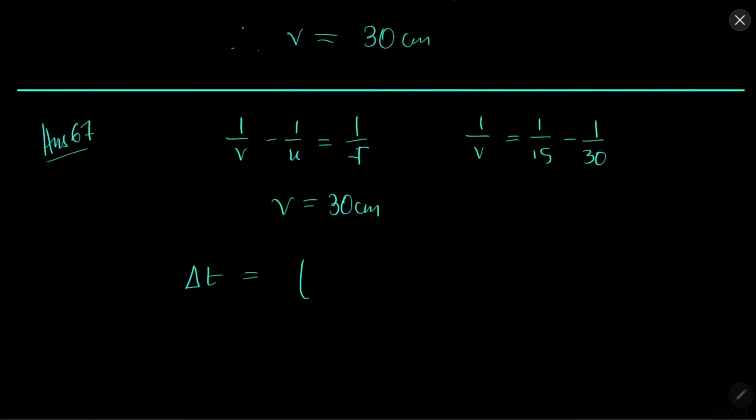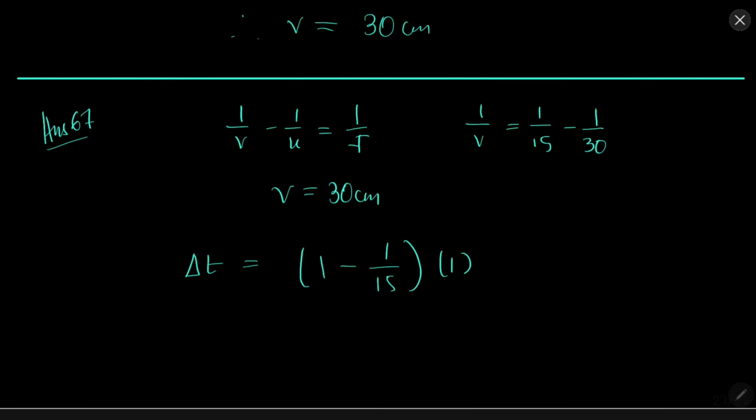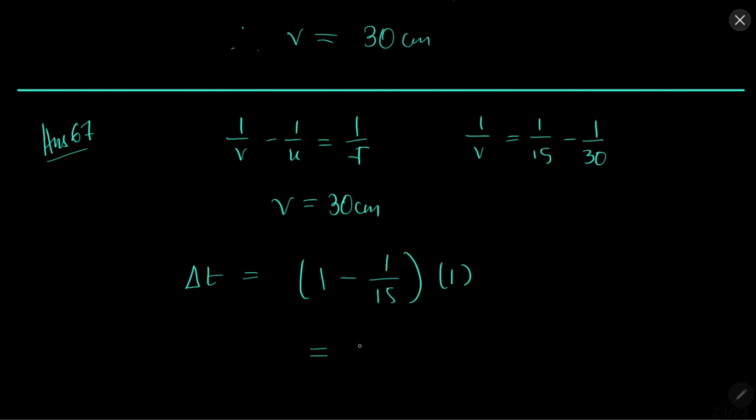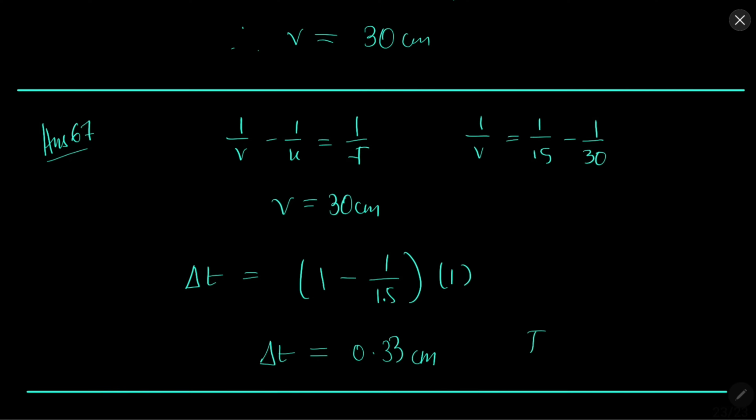The shift will be (1 minus 1/1.5) into 1. It will come out to be 0.33 centimeters. So the image will be formed at 30 plus 0.33, that is 30.33 centimeters.